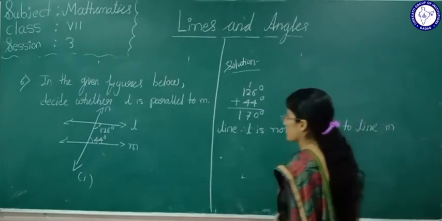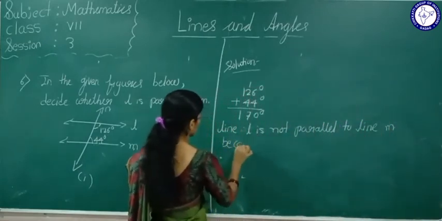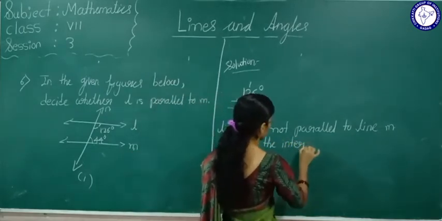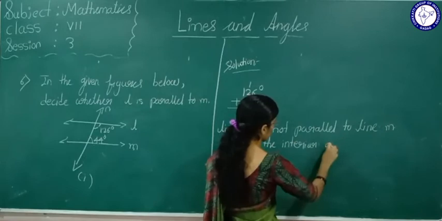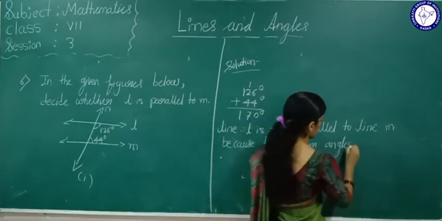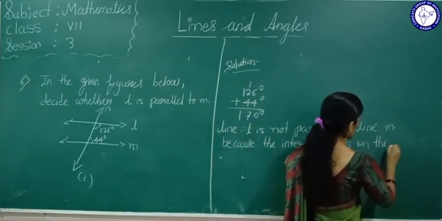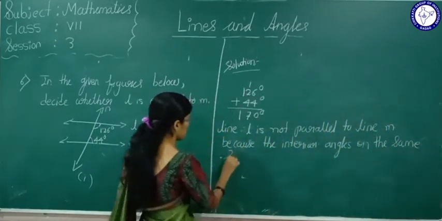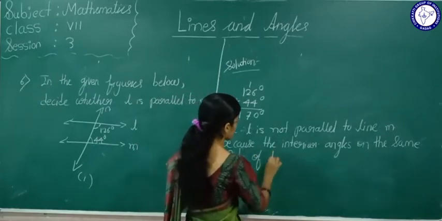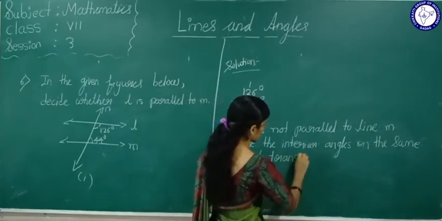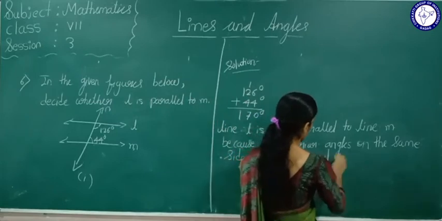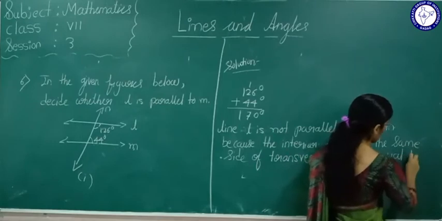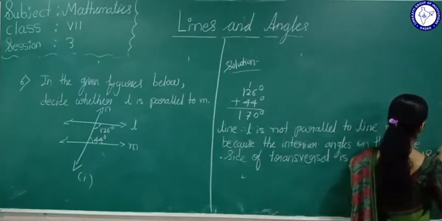Why? Because the interior angles on the same side of the transversal are not equal to 180 degree.